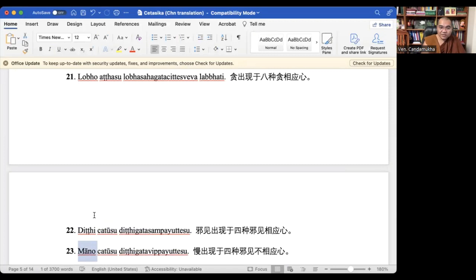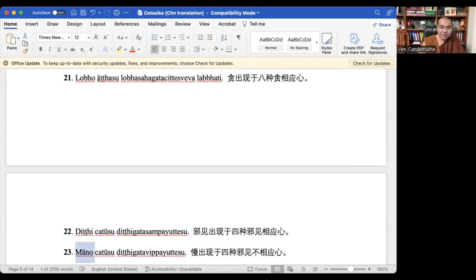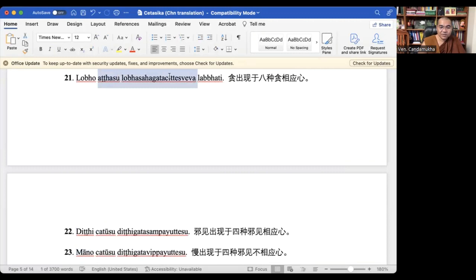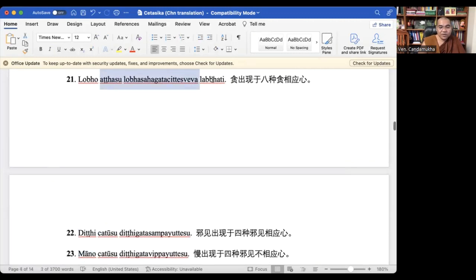So the Lobha cetasika is associated with the 8 Lobha-mula cittas. Lobha is available only in the 8 Lobha-mula cittas, whether they are somanassa or upekkha, sampayutta or vippayutta, asankharika or sasankharika. Lobha is there always.